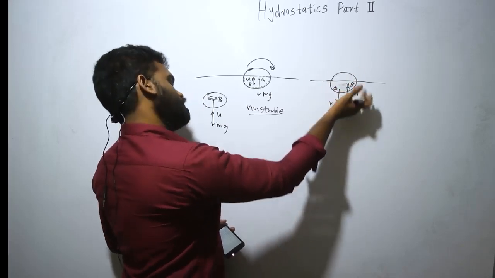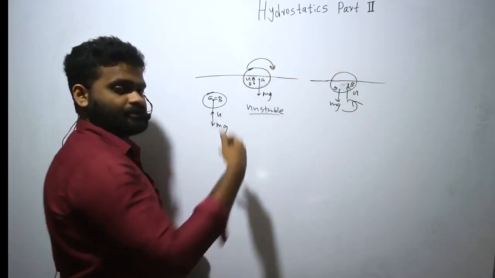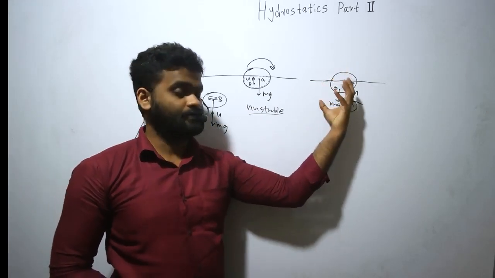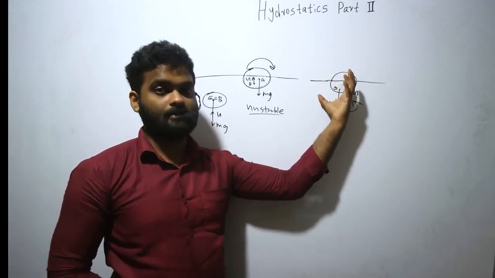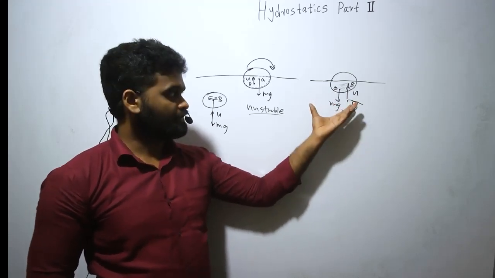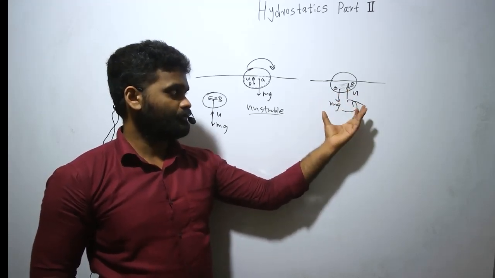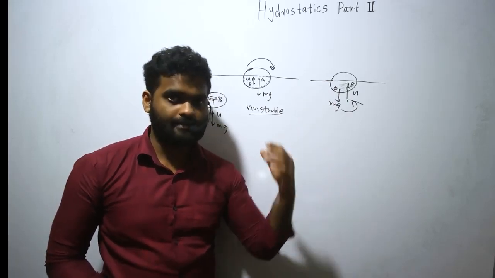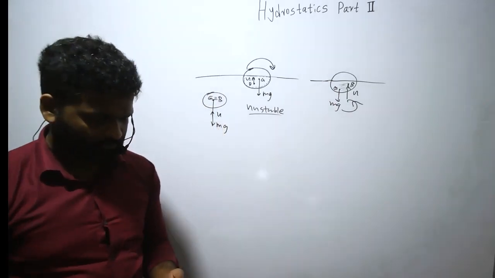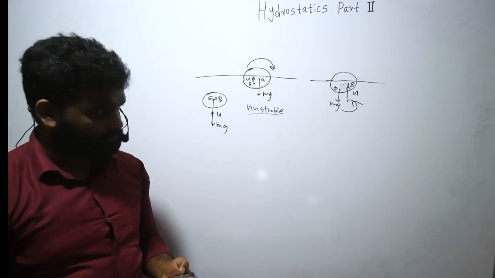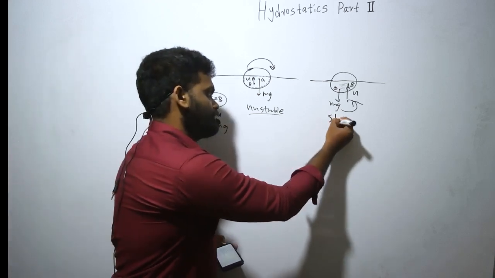So the original position of the object is regained, due to this counter couple. This is the stability. For that to happen, the center of gravity should be below the center of buoyancy. So this is the stable equilibrium.